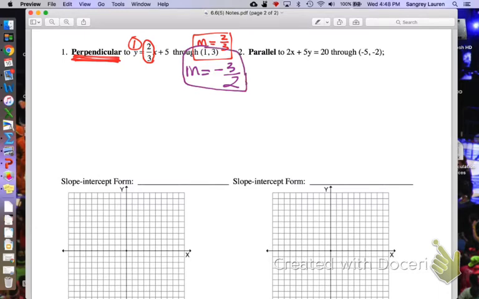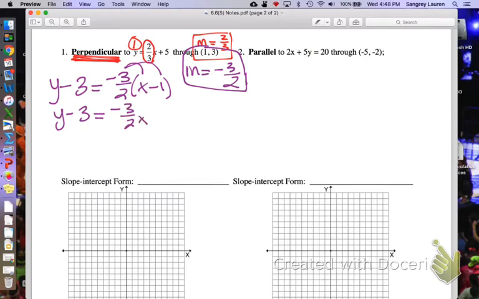Now that we have the point and the slope, we're going to use the point slope form. So we have y minus 3 equals negative 3 over 2 times x minus 1. We distribute: y minus 3 equals negative 3 over 2x plus positive 3 over 2.